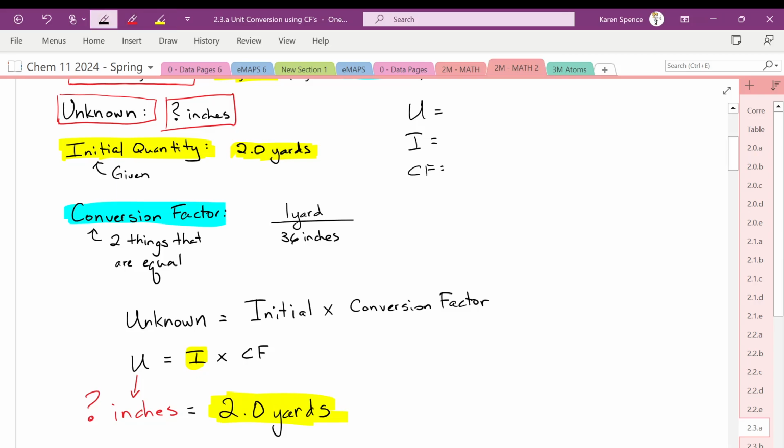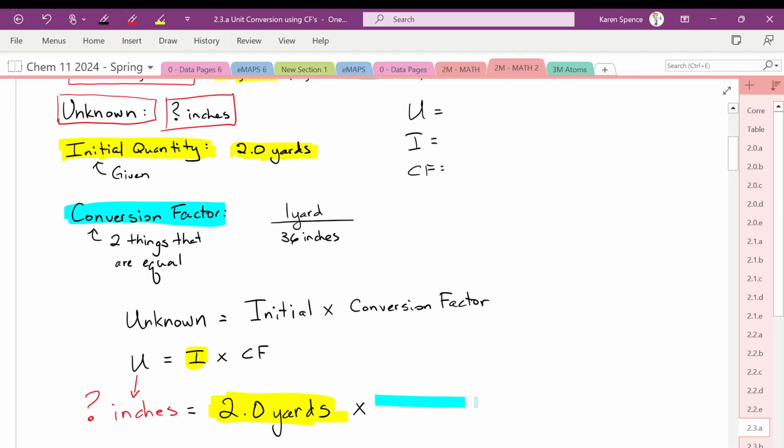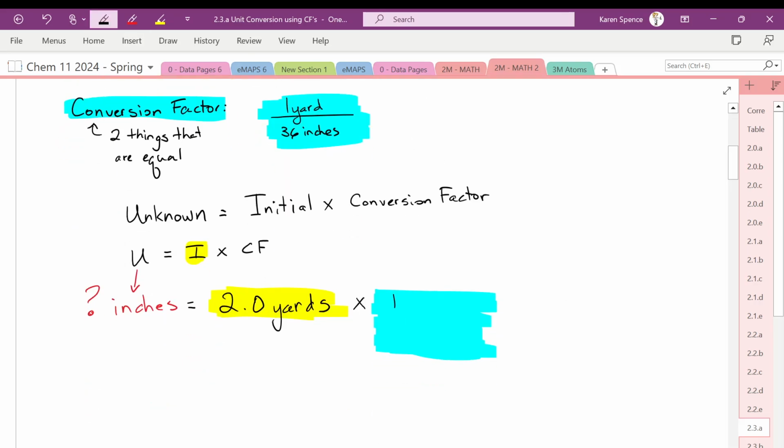And then we are going to multiply by a conversion factor. And remember, up here, there's our conversion factor, 1 yard over 36 inches.